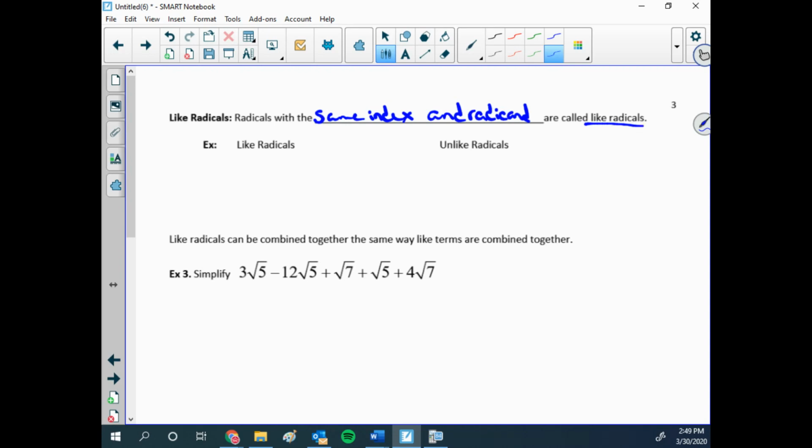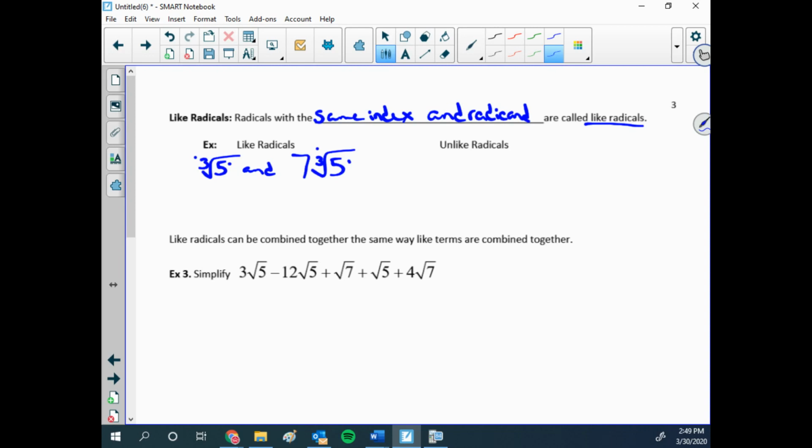So for example, like radicals would be 3 root 5 and 7 cube root 5, right? Same index, same radicand. The coefficient out front doesn't matter.